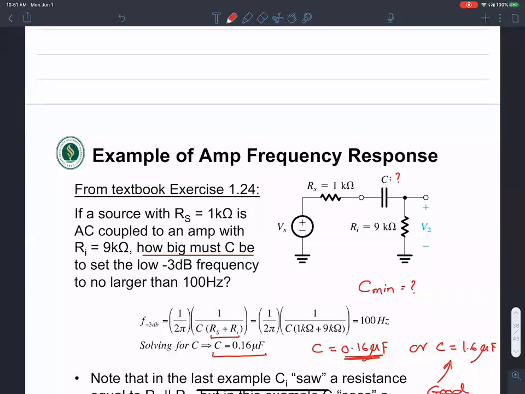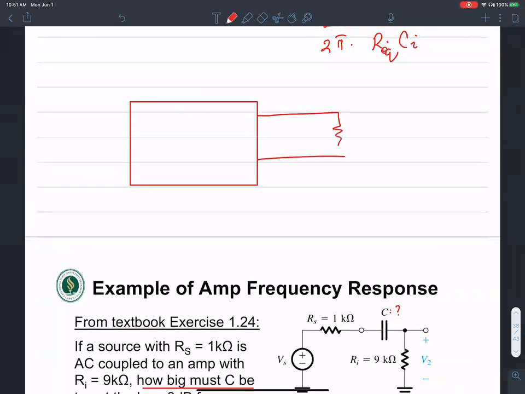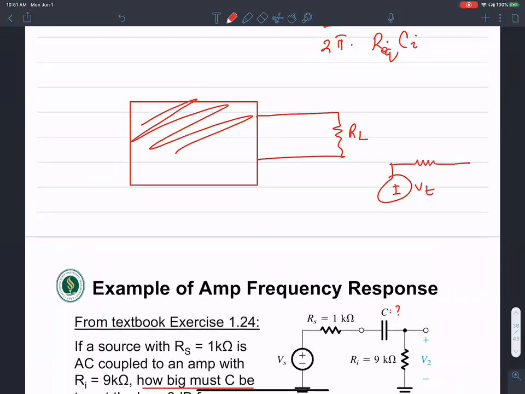So the idea of Thevenin is, if you have a black box, and you're connecting this black box to some load, can I represent all of this black box using just a voltage, some Thevenin voltage with a resistance in series with this load resistance RL?